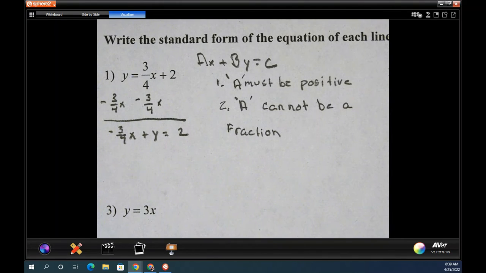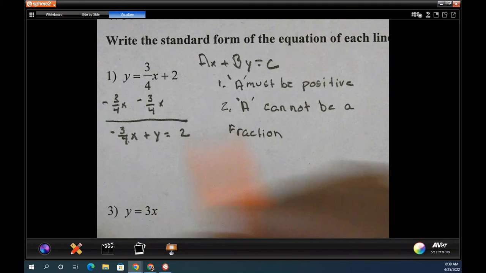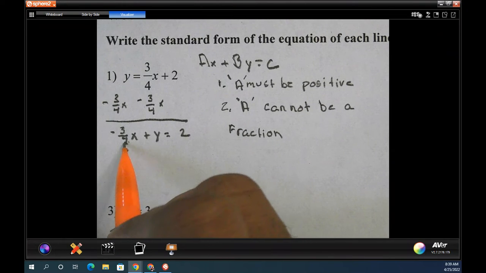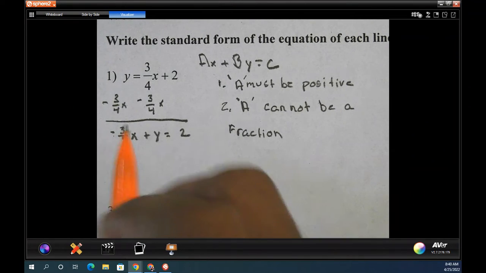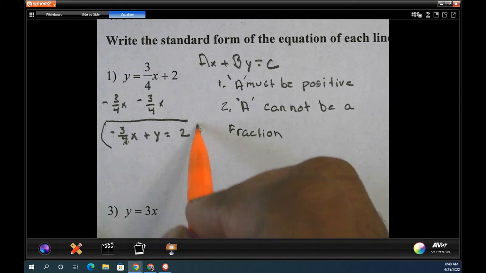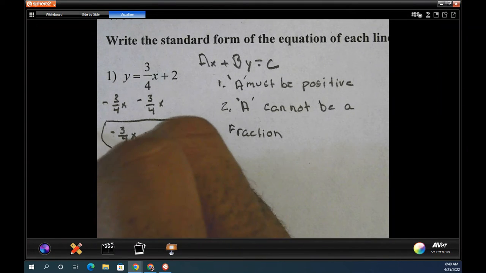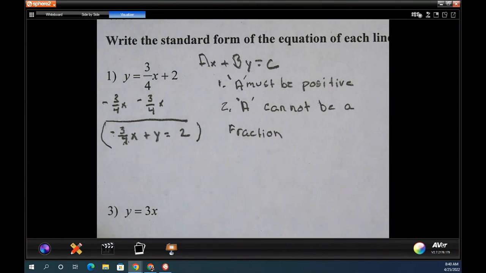Now, this one is breaking two rules. It's negative, and we have a fraction. All you have to do is multiply by the denominator, and it's 4. And we're going to multiply by negative 4, because a negative times a negative is a positive. We're going to multiply everything by negative 4.